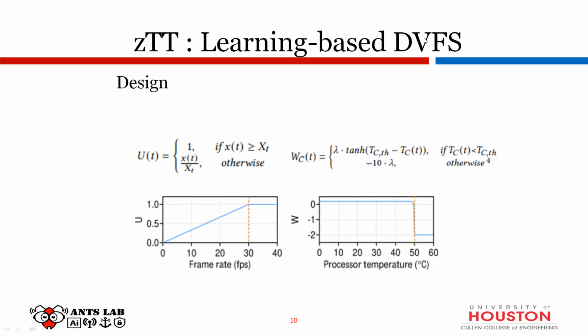Say if you want the thermal constraint to be more effective, you can set it higher, as in, if you exceed it, it would drop by this amount. Pretty much, you define the lambda as how much you care about the temperature. So it's like beta, the trade-off term in the power consumption.